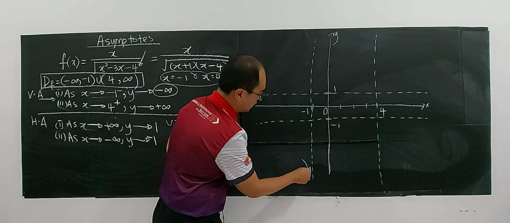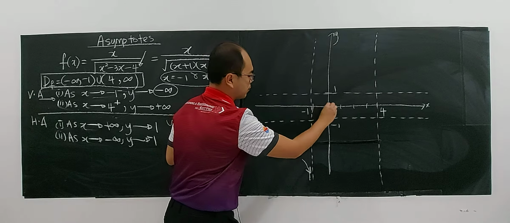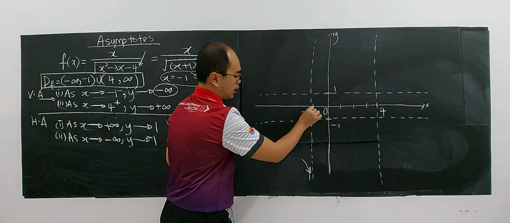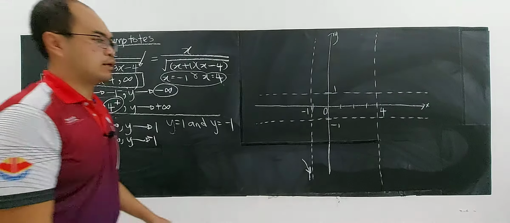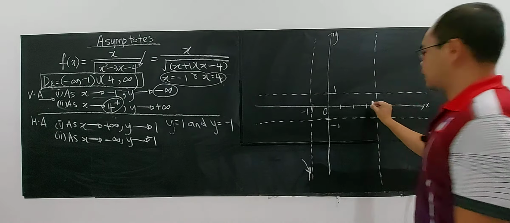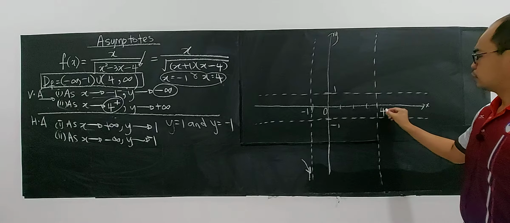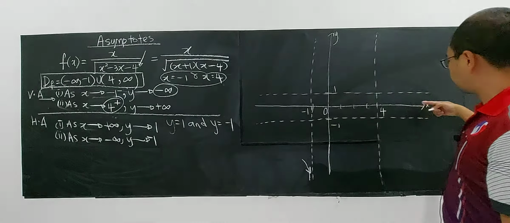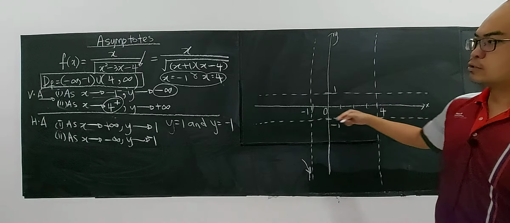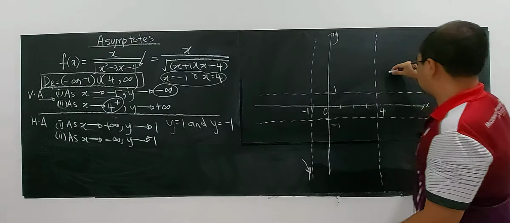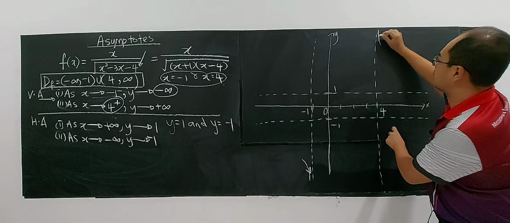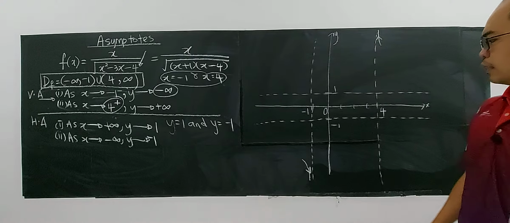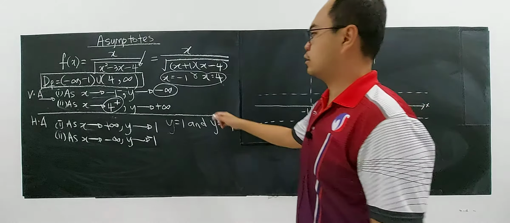Now we look at 4 plus, from the right. Approaching from the right, 4 plus, you are going to positive infinity. So the curve will be somewhere around here, positive infinity, right? This is the information that we get.